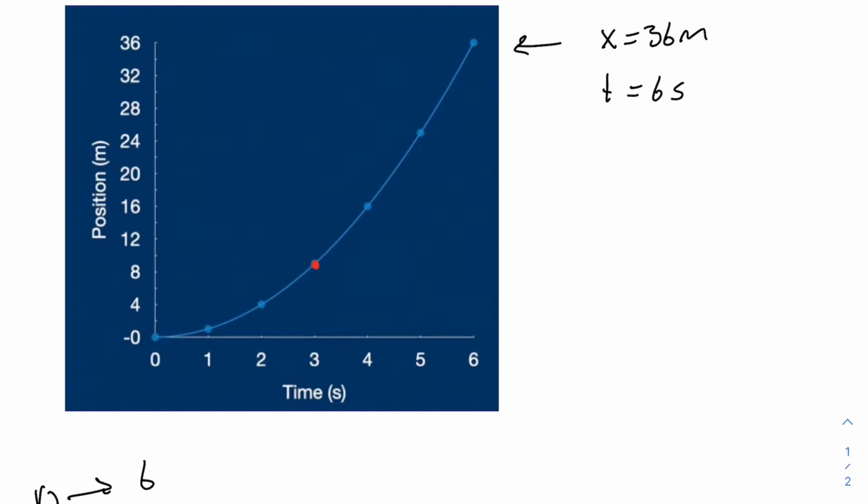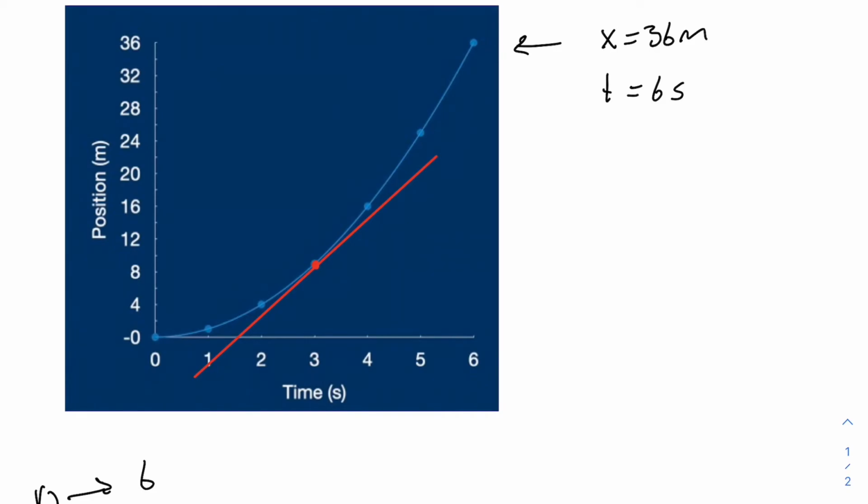What we could do is draw a line that is tangent to that point. If I draw a line tangent to that point, it's going to look maybe something like this. So a line tangent, maybe more like this. A line that is tangent to that curve just touches that curve at that exact spot, 3 seconds, just one time. So maybe the line looks something like that.